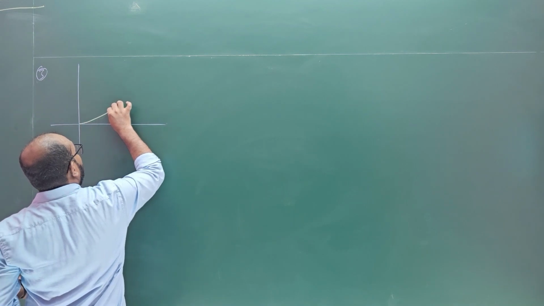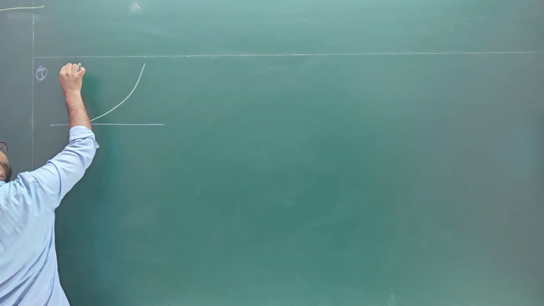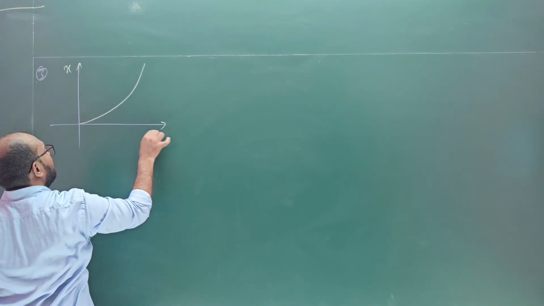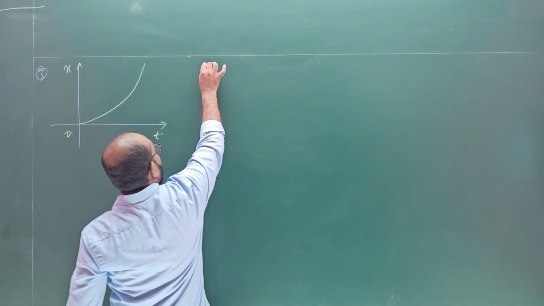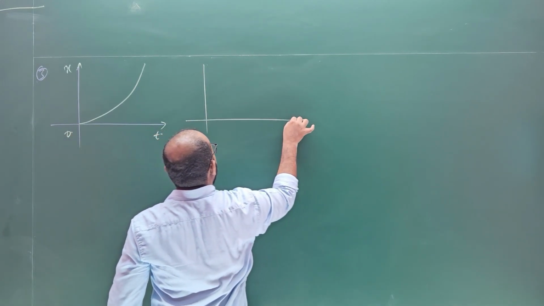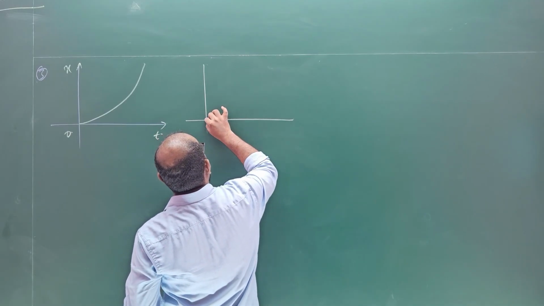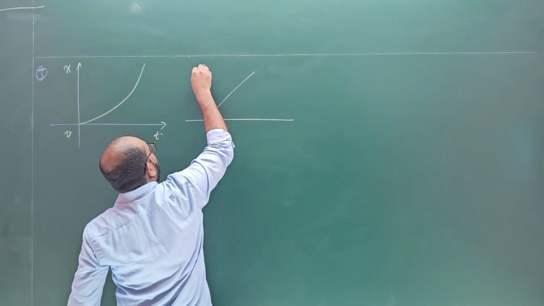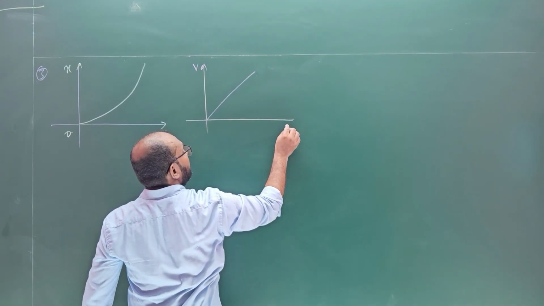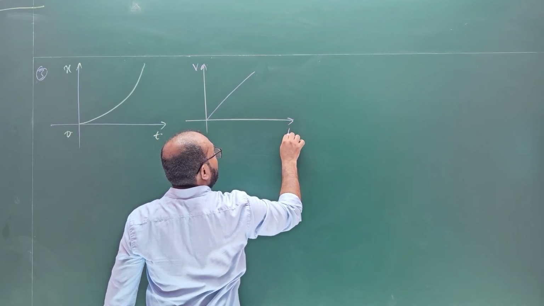And like this. Tell me vt. Straight line from origin or from anything? Parallel to x-axis? No. Okay. So can I draw like this? This is your velocity. This is your time.